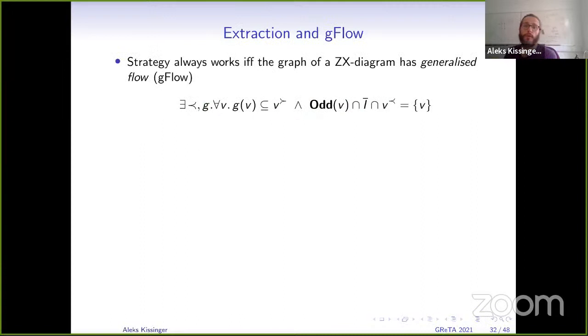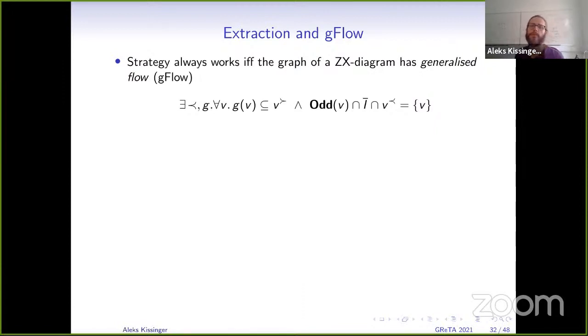It turns out the reason why this was working has to do with something called G-flow, or generalized flow. G-flow is a property of undirected graphs. It's also been around for a while in the literature on measurement-based quantum computing. For the purposes of this talk, it's just a property of graphs.